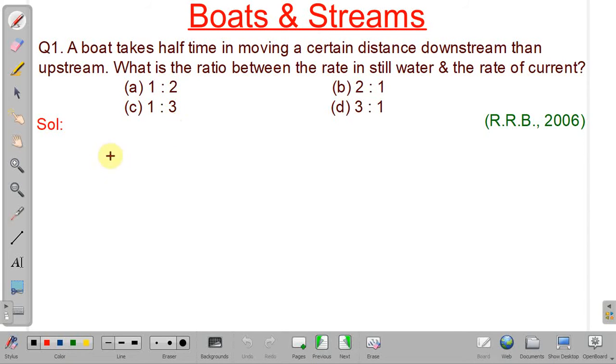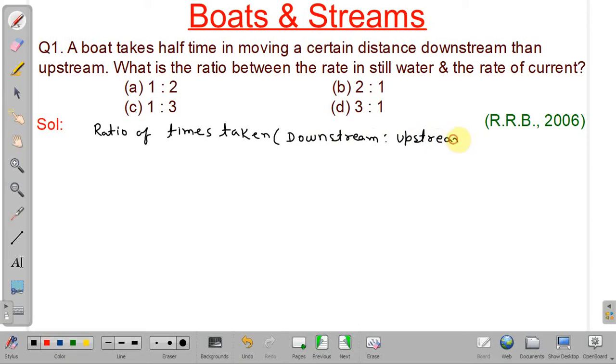So we will take the ratio of times taken. It is given that downstream to upstream. So downstream ratio upstream. So in downstream it is taking half the time it will take in upstream.